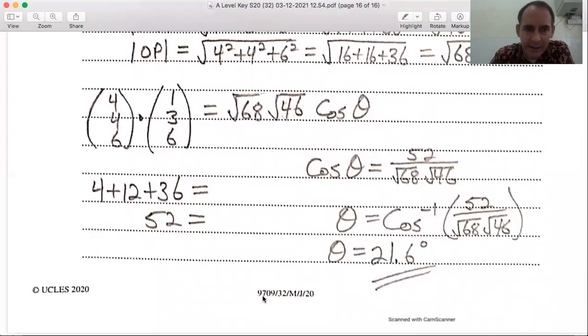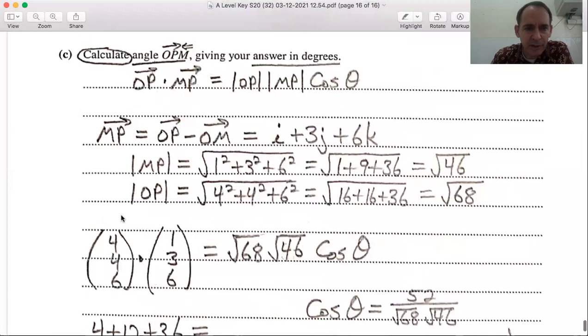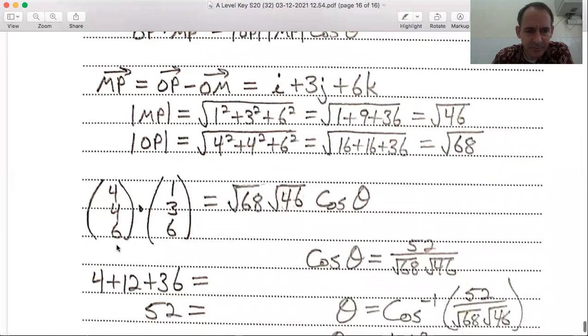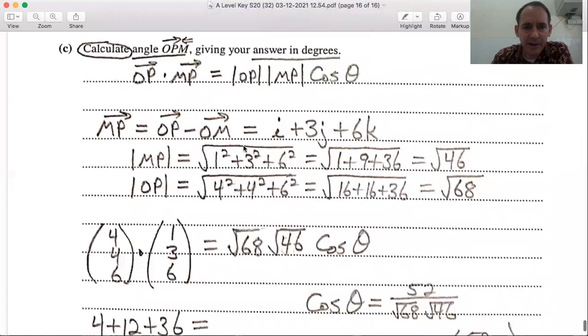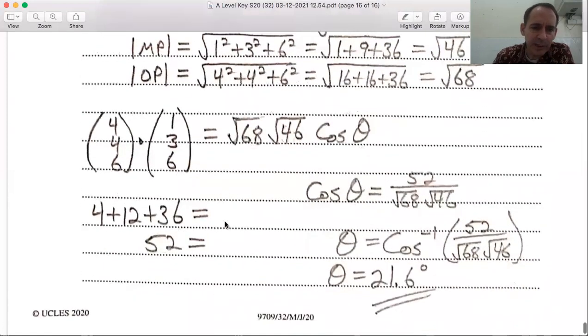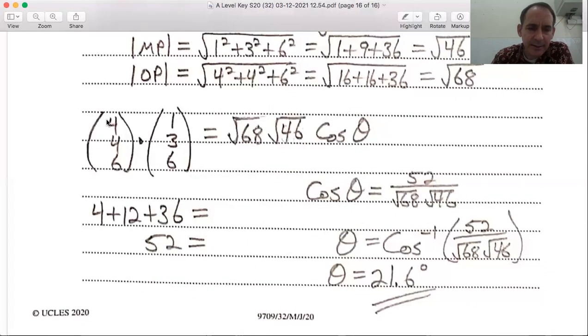And then we use our OP, 4, 4, 6, and our MP, 1, 3, 6, and we do 4 times 1 plus 4 times 3 plus 6 times 6.